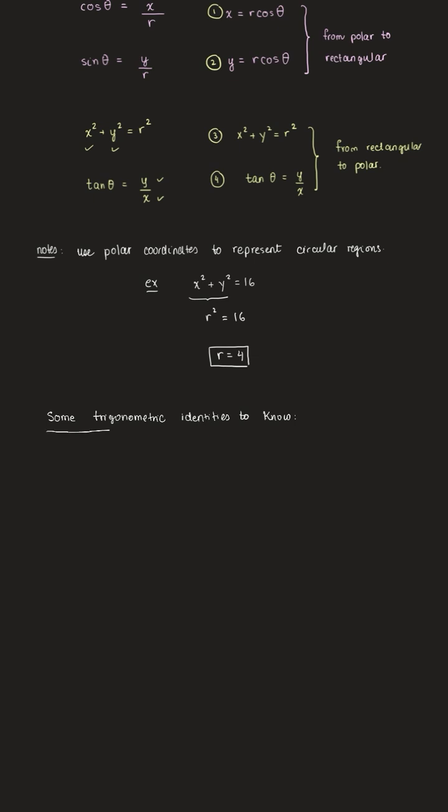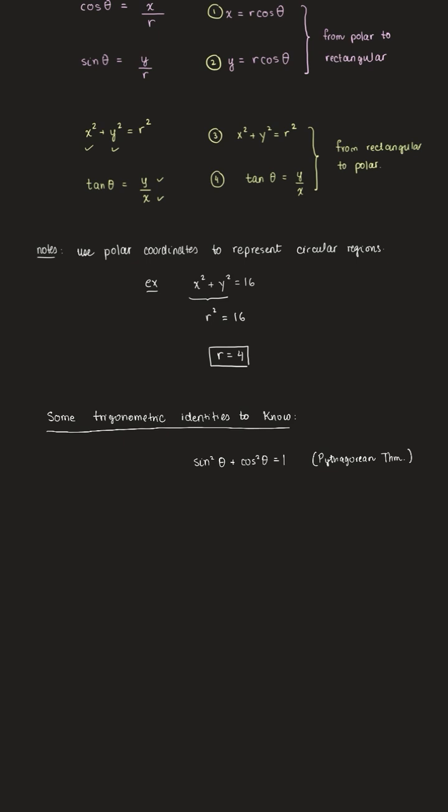The first is probably the most important Pythagorean identity, which is that sine squared theta plus cosine squared theta equals 1. This is a Pythagorean identity, comes directly from the Pythagorean theorem and the triangle that we drew above. There are two more that you can obtain by dividing this equation by cosine squared every term, or dividing the equation by sine squared.